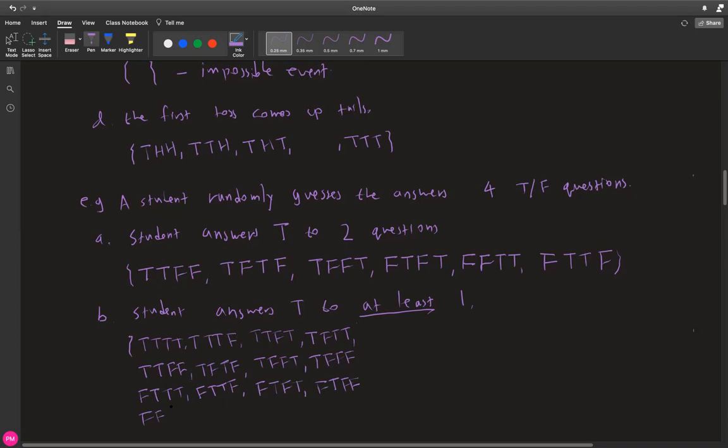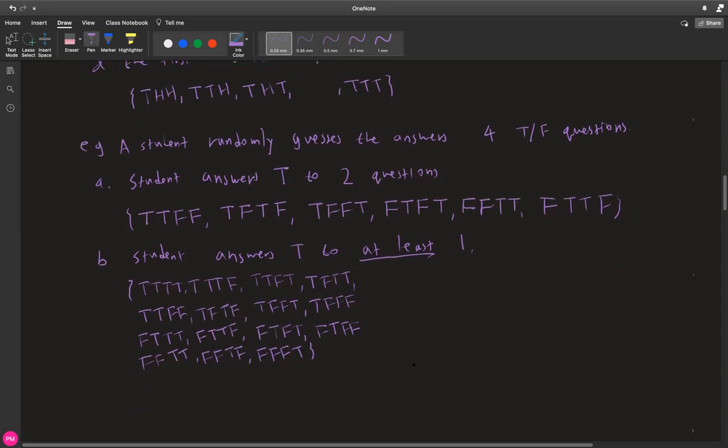False, false, true, true. False, false, true, false. False, false, false, true. And I think that's it. So there should be 15, I think.